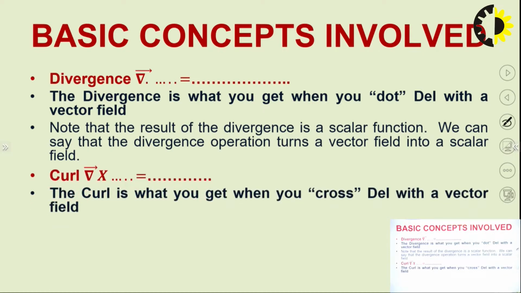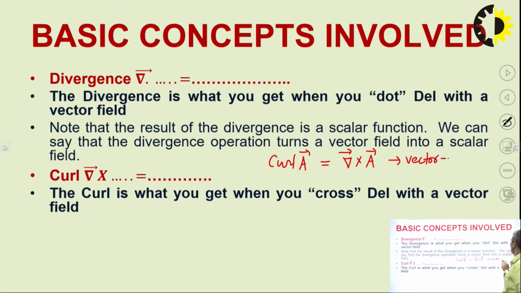Another quantity is curl. Curl of any vector is defined as del cross A. This vector differential operator cross A is again a vector.